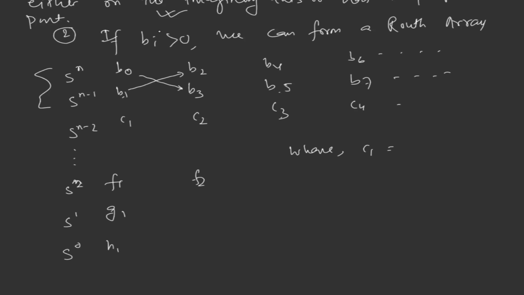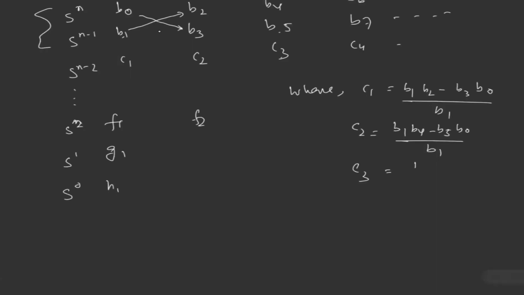So let me write: C1 is B1 B2 minus B3 B0 divided by B1, C2 is B1 B4 minus B5 B0 divided by B1, and C3 is B1 B6 minus B7 B0 divided by B1. So this is how we'll form the rest of the rows.